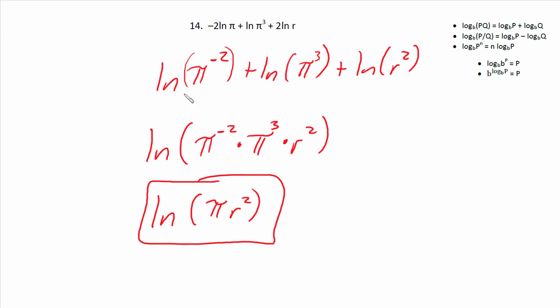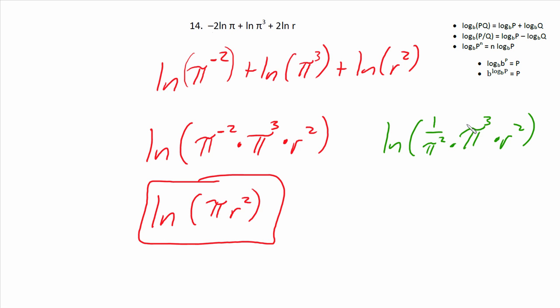Now, right here at this step, I'm just going to show you another way to do that. I could have rewritten that as 1 over pi squared, because I could apply the negative exponent rule. It's over 1 right now, so I can take it to the denominator and make its exponent positive. So then we end with the same thing: ln of 1 over pi squared times pi cubed times r squared.